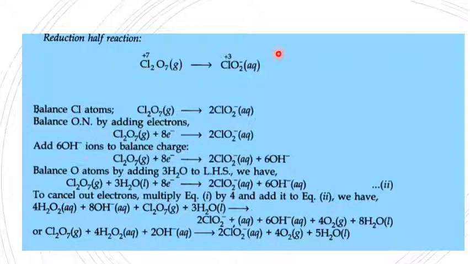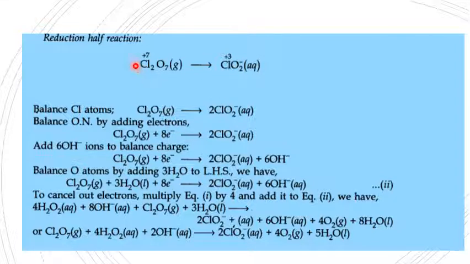So you will just multiply it with 2. Now the atoms are balanced. Now balance the oxidation number by adding electrons. See here how many electrons you are supposed to add.